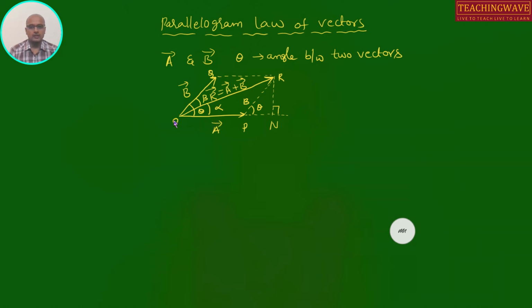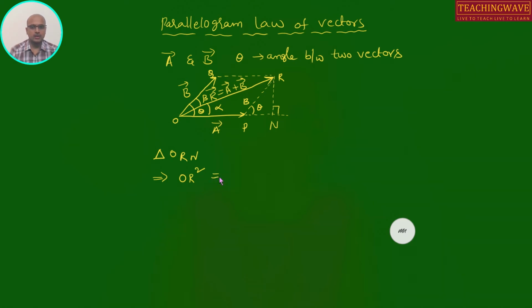Now I need the OR value. For that purpose, I am considering the right angle triangle ORN. In ORN, I am applying the Pythagorean principle. That means OR square, this is the hypotenuse.